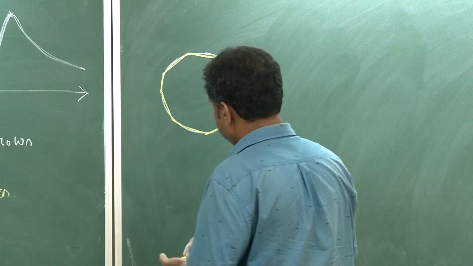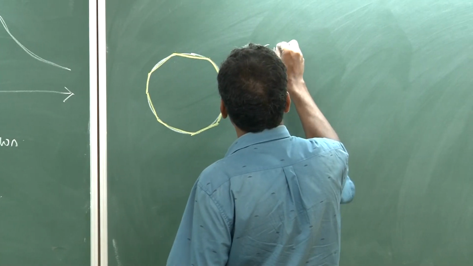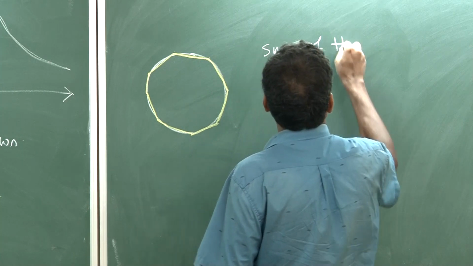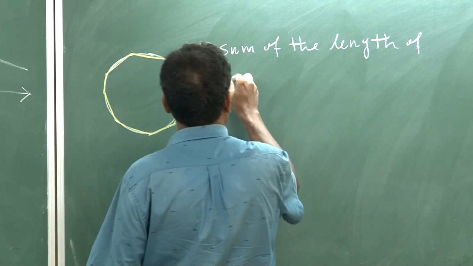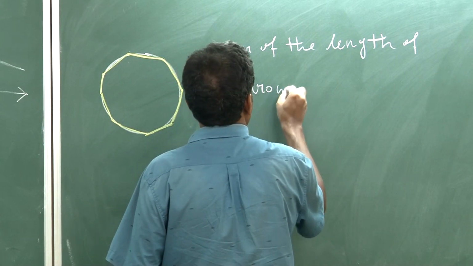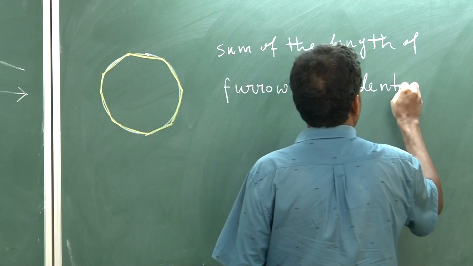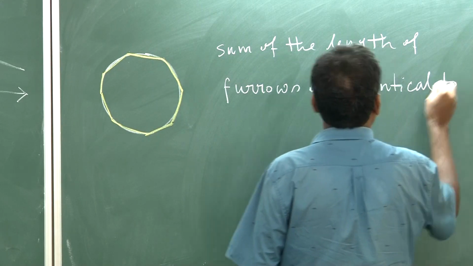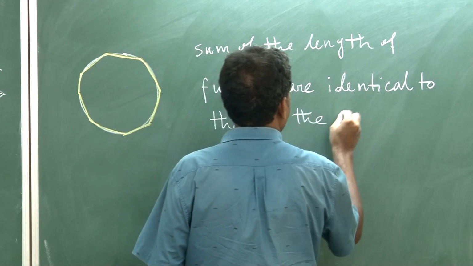So, you see these furrows, the sum of the length of furrows is identical to that of the circumference.